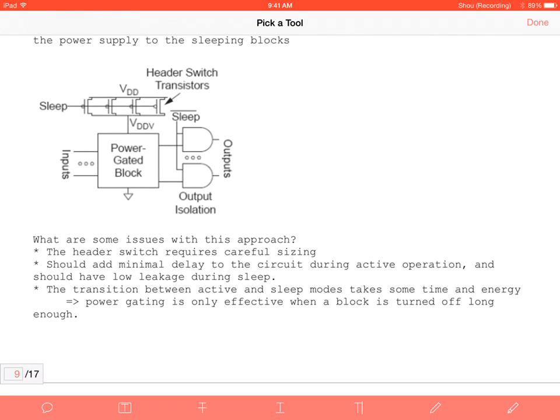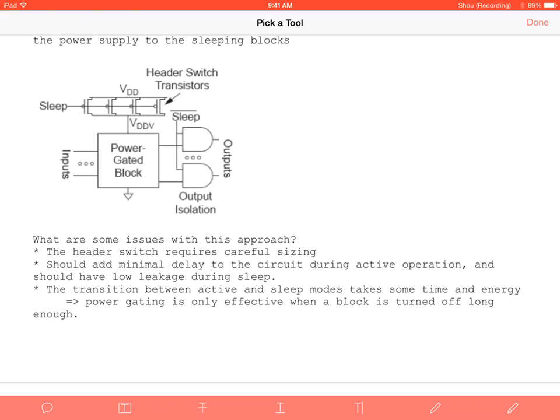So I've also listed some issues with the power gating approach. The header switch requires careful sizing. What I mean by the header switch are these PMOS transistors above here. They require careful sizing, and we also want to have minimal delay. So once we need the circuit, it should be able to get the supply voltage as fast as possible. So now we're learning a little bit more about switching and sizing.